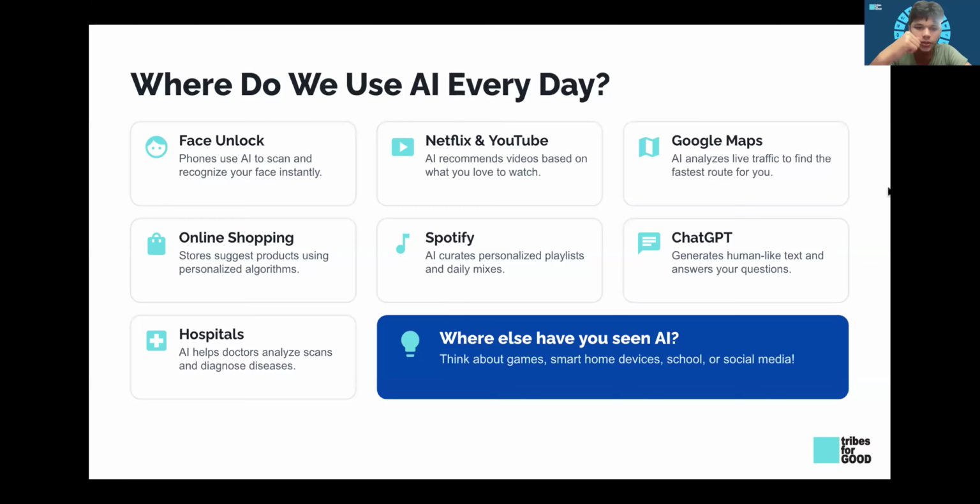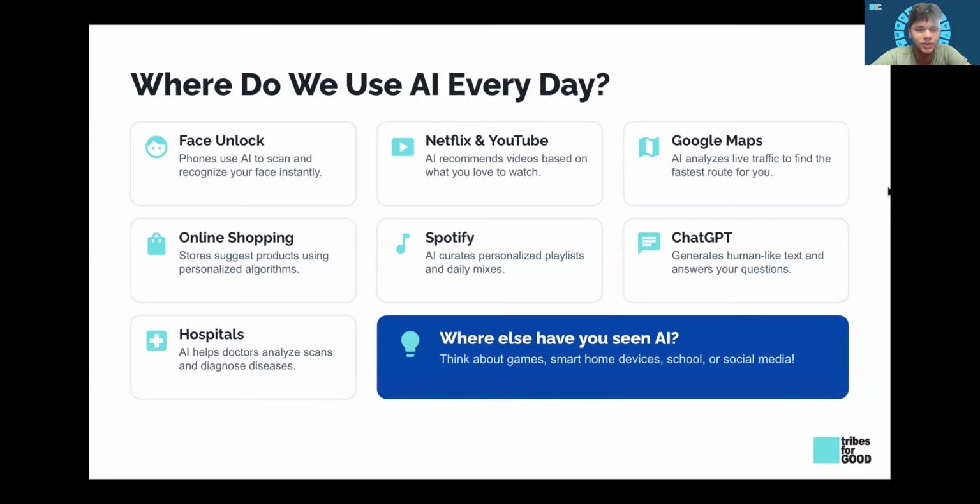Okay. So my question to you guys is, where do we use AI every day? Just like I told in the previous slide, it's simple. In the everyday world, you use it for face unlock, first of all, which I've already told. Then Netflix and YouTube, as it's written there: AI recommends videos based on what you love to watch.